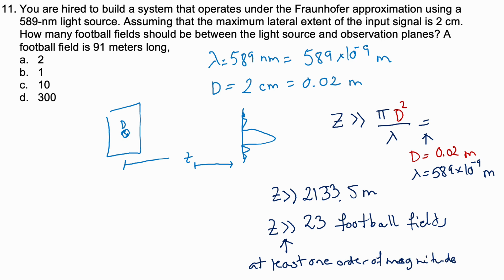So as a minimum 230. So A, B, and C definitely are smaller. So our only answer is that the distance needs to be 300 football fields, and then we're gonna be able to be on the Fraunhofer approximation.